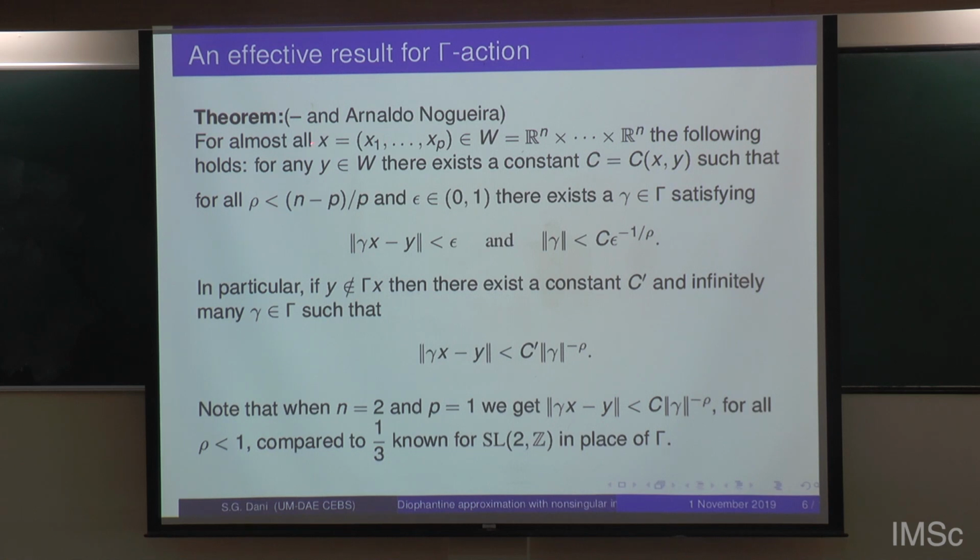So instead of saying almost all, I could have said: let x be a p tuple which is not projectively very well approximable, and then I have this conclusion.